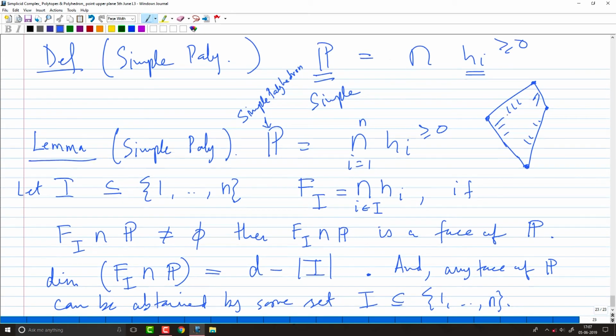The directions were like this, interior. This is H1, this is H2. H1 intersection H2 intersection P is this point.